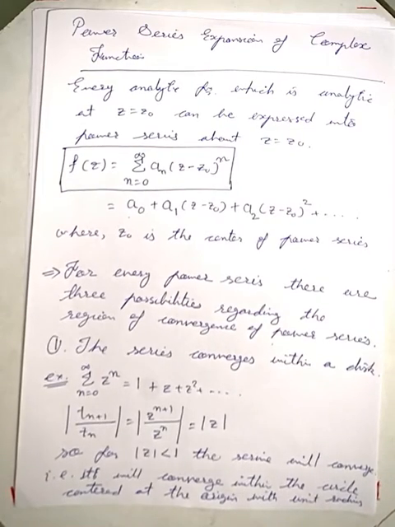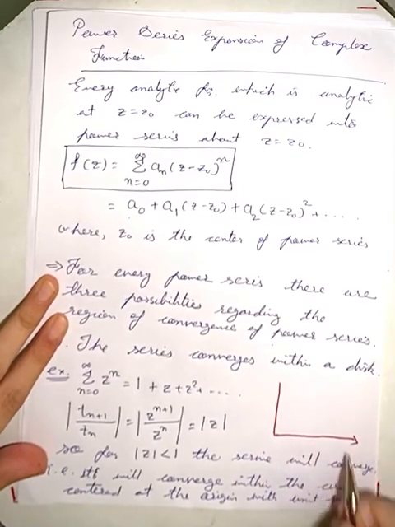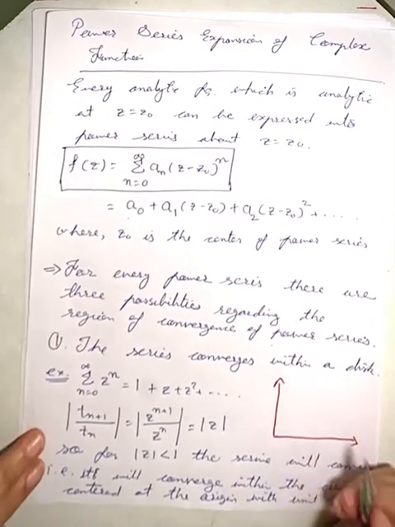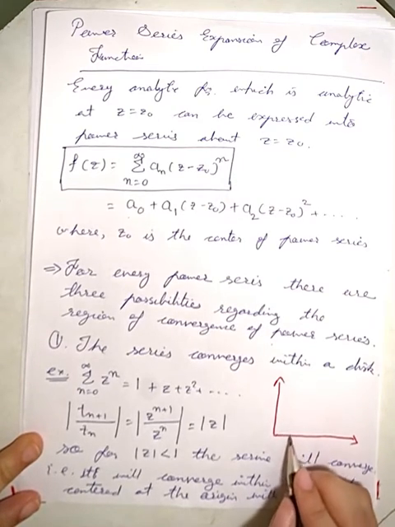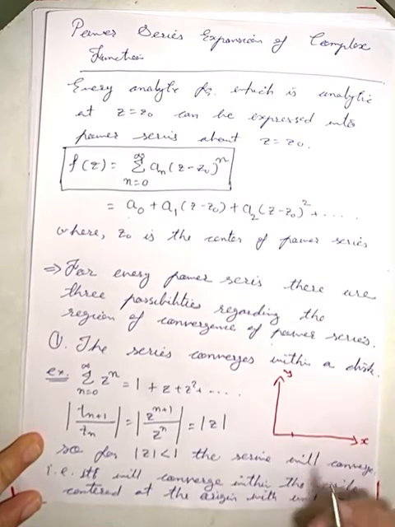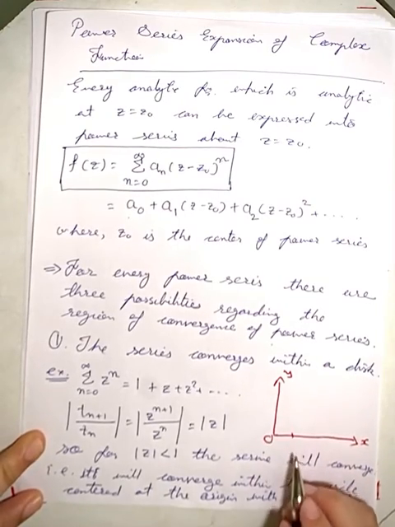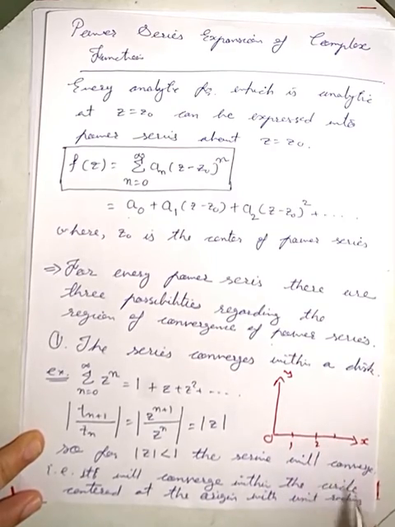So unit radius means, you have a plane, and in that plane, this is x and y, this is the origin, and this is 1, 2 and so on.